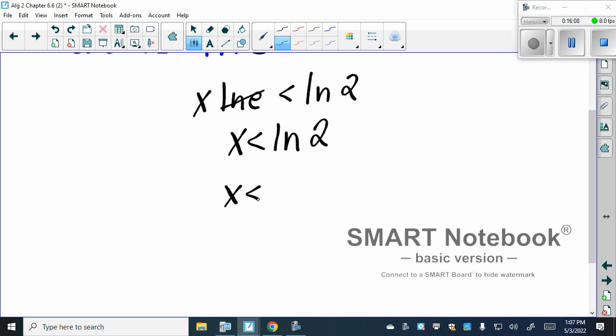And at this point here, we just need to calculate what the natural log of 2 is. And we can plug that in a calculator and see that it is 0.693.